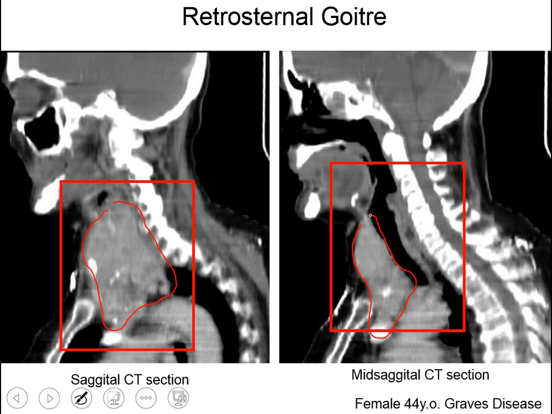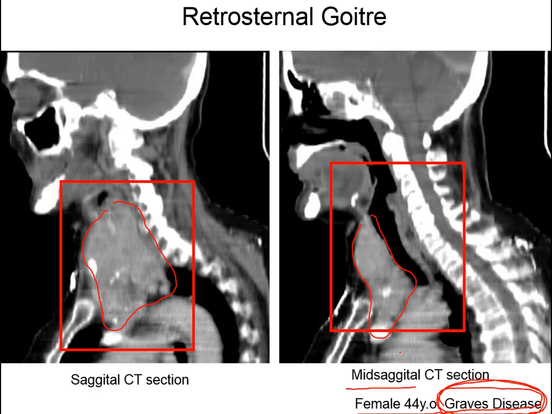Specifically, sagittal and median section would be most beneficial to take a look at in order to confirm diagnosis of retrosternal goitre, as it's shown on the CT. Here is a 44-year-old woman who had significantly enlarged thyroid gland due to hyperactivity of thyroid gland, which was caused by a defect in the function of immune system. This disease is called diffuse toxic goitre or Graves' disease, and we will discuss it a little bit later.